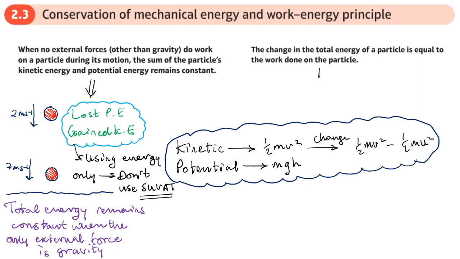Now what if there is an external force like resistance? Well, that means that the total energy is not going to remain constant. In fact, overall there'll be a loss in total energy. So this is when we've got another external force like resistance.